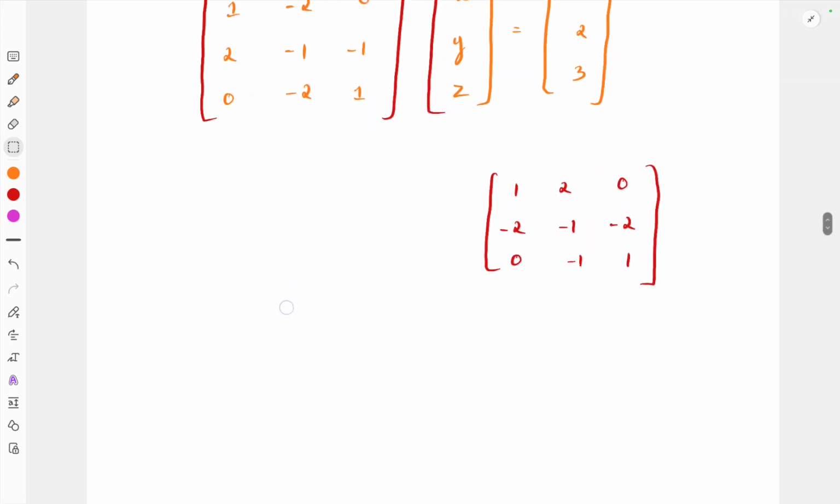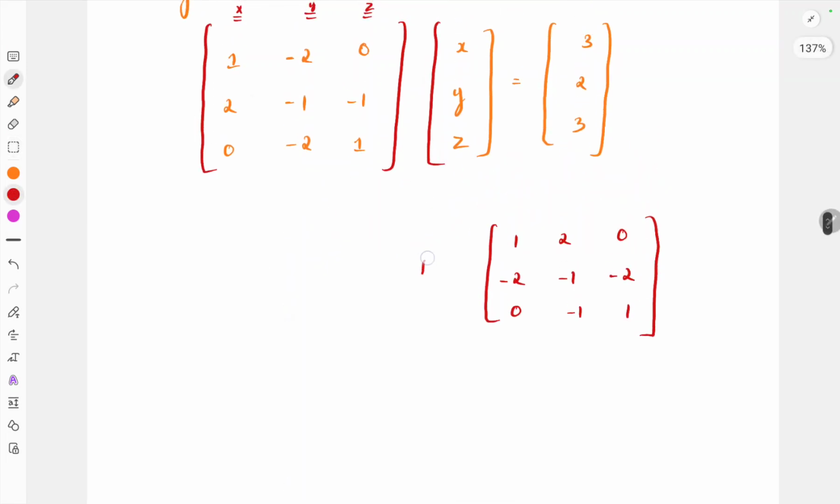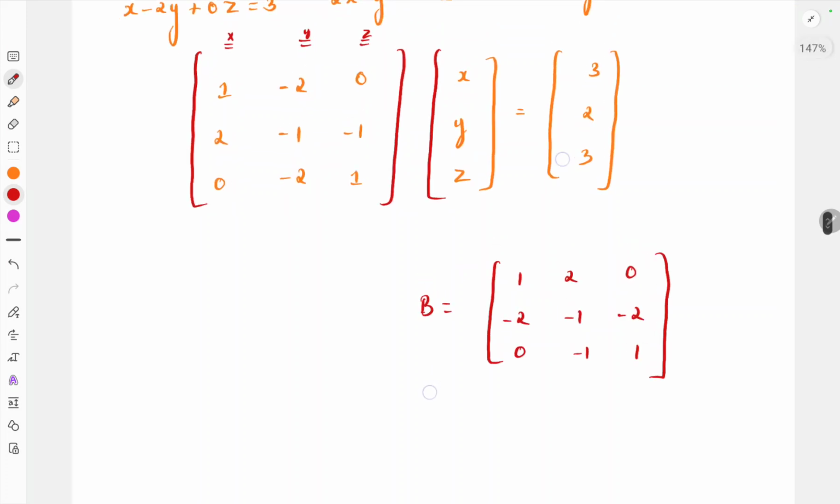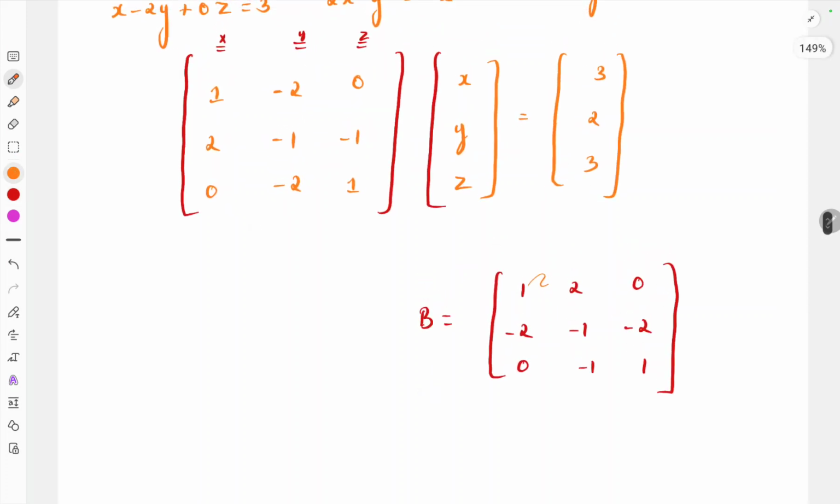This is matrix B we have, but the same matrix we don't have here. The first column of this is in the first row, the second column is in the second row, and the third column is in the third row, which means whatever we have here is not matrix B, this is B transpose.